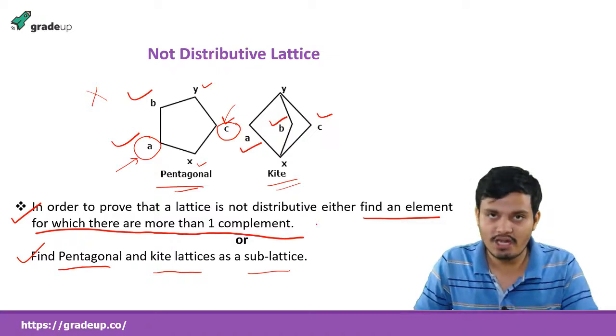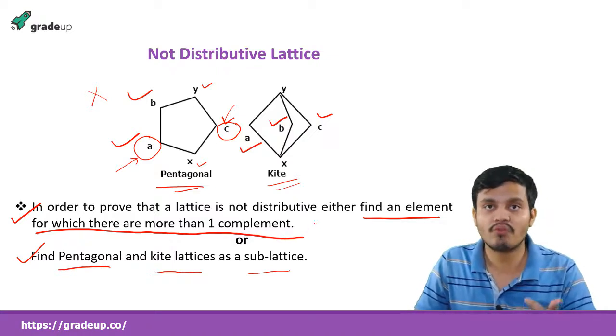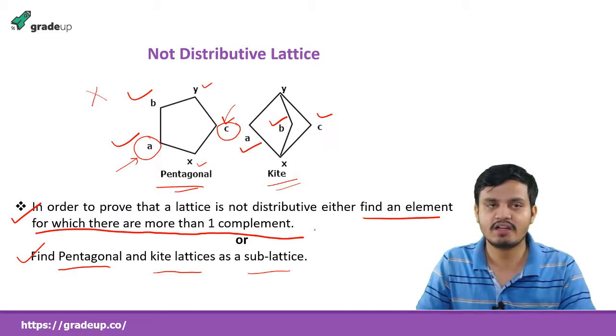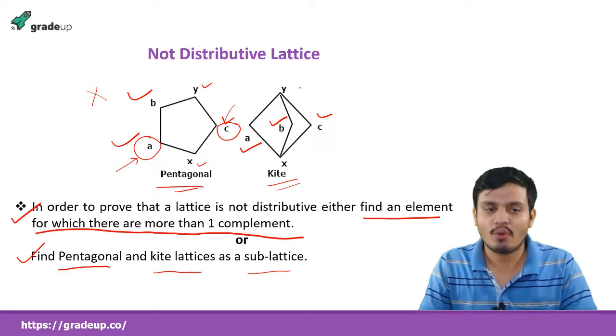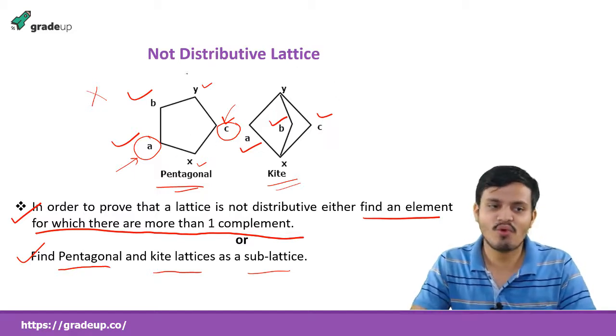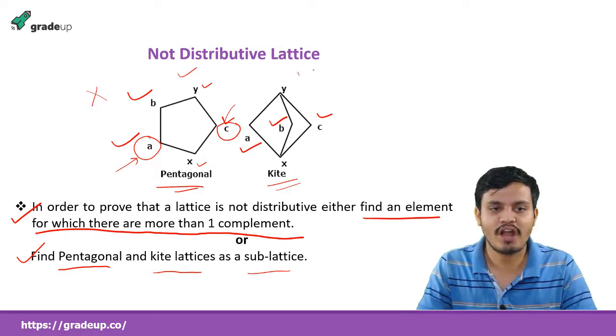When you find an element with more than one complement, you can directly say that it is not a distributive lattice. So try to do that, or try to see whether there is a pentagonal shape lattice or a kite shape as a sublattice in a lattice. Seeing these two things is easy, so I always prefer them.